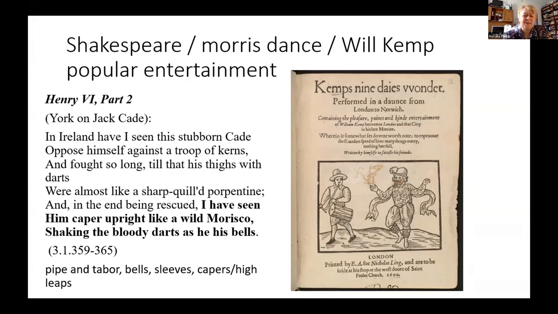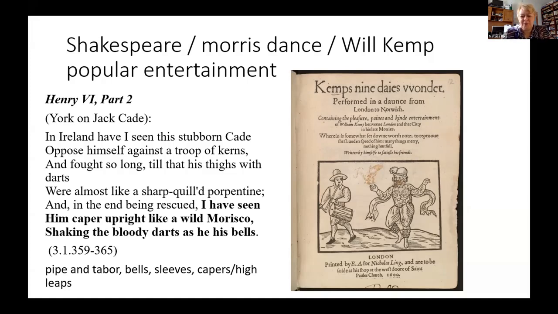And in the end being rescued, I have seen him caper upright like a wild Morisco, shaking the bloody darts as he his bells." That is, you have this peasant rebel of sorts, who is described with the arrows in his body, which wounded him, as a Morris dancer, shaking these arrows as if shaking his bells, and leaping upright, widely capering upwards.